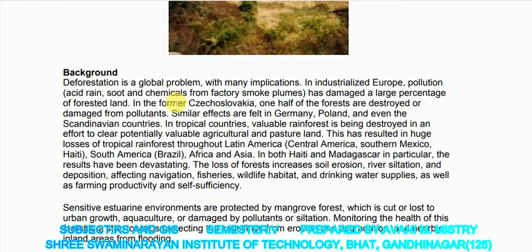In tropical countries, valuable rainforest is being destroyed in an effort to clear potentially valuable agriculture and pasture land. This has resulted in huge losses of tropical rainforest throughout Latin America, South Africa, and Asia. In both Haiti and Madagascar in particular, the results have been devastating.